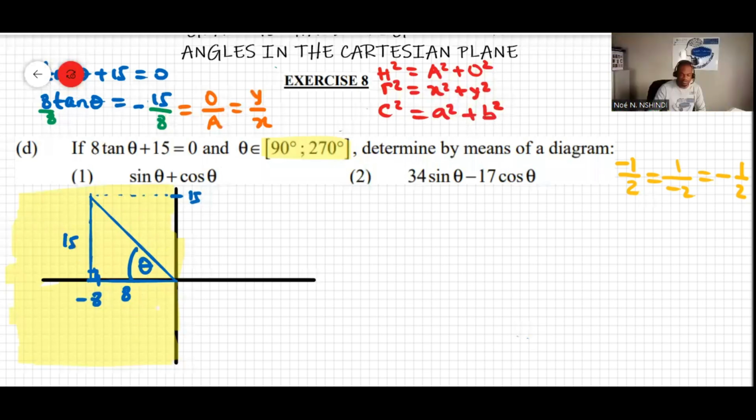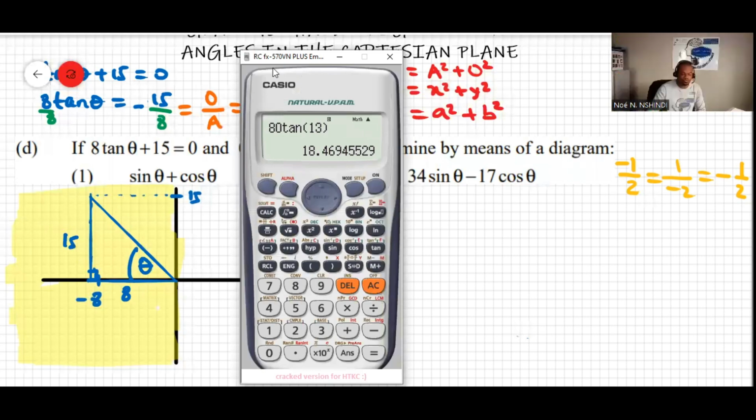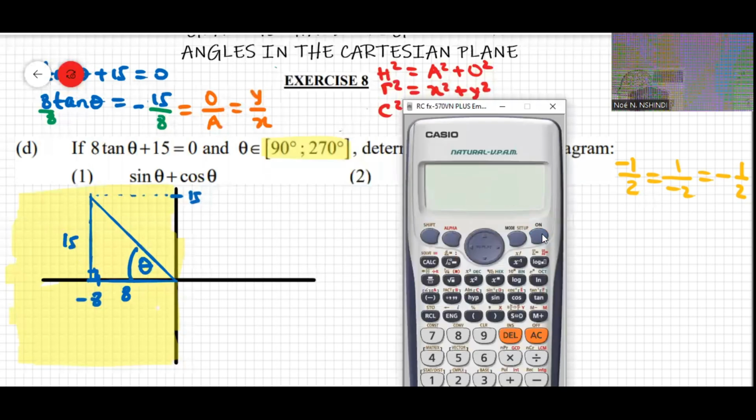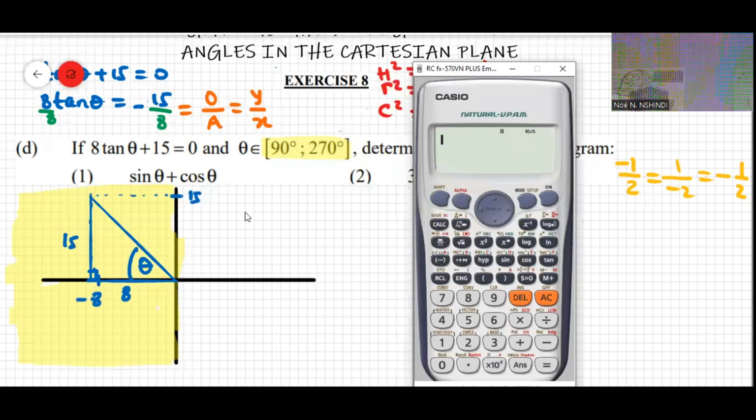We can use a calculator for that, so I don't need to rewrite this all the time. 15 squared plus 8 squared is 289. If you take the square root of 289, you will get 17. Now we know all the sides of the triangle.